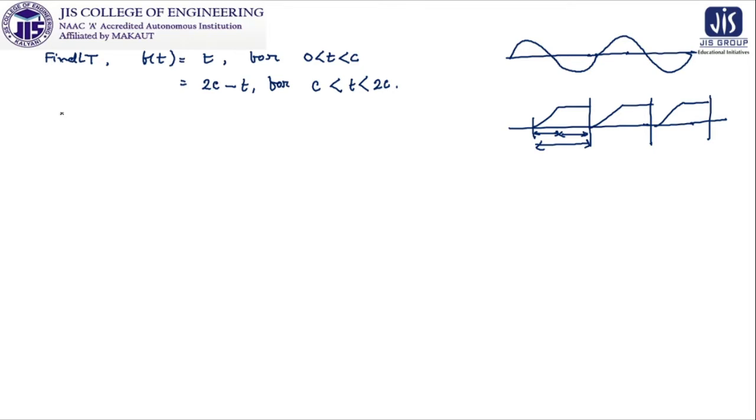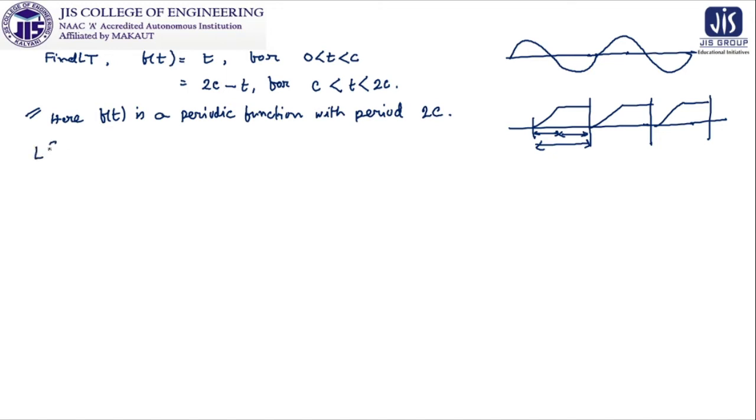So first of all, our job is to find the period of this function. Here f(t) is a periodic function with period, all of you can identify, 2c. So we have already identified the value of capital T from the previous property.